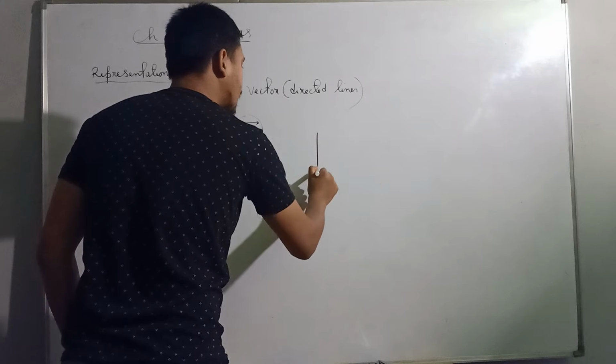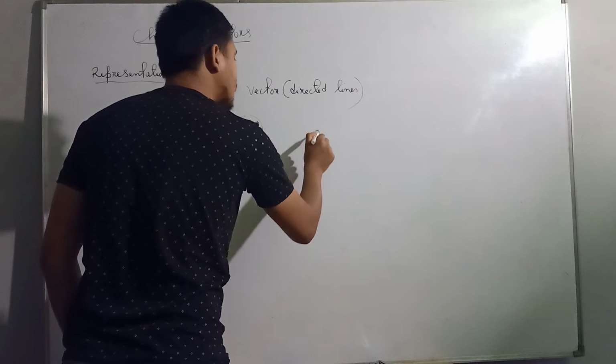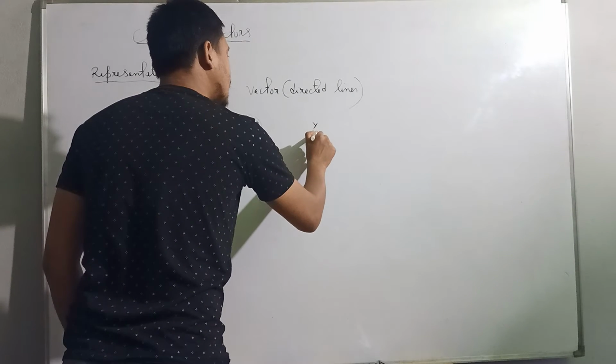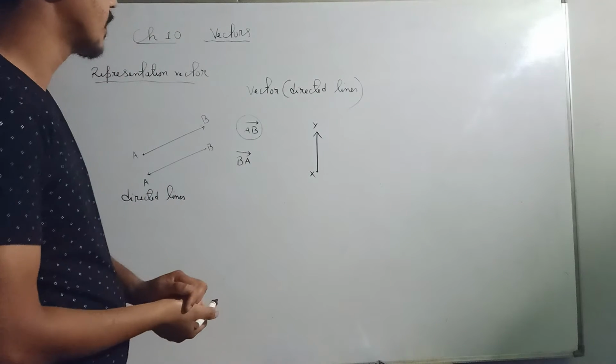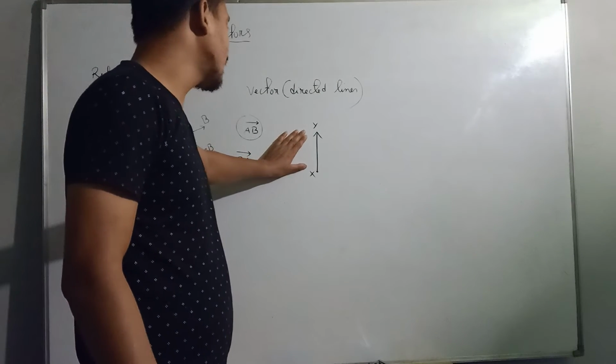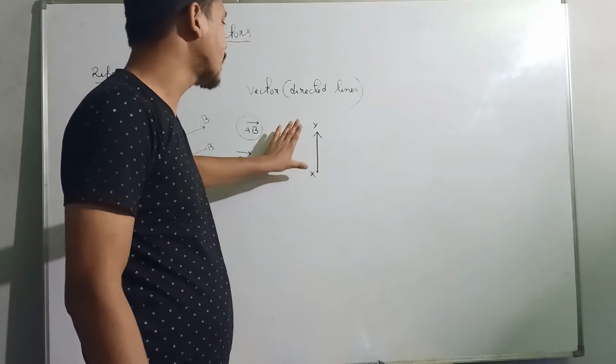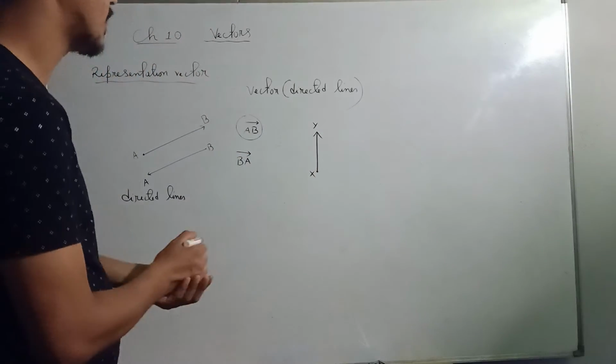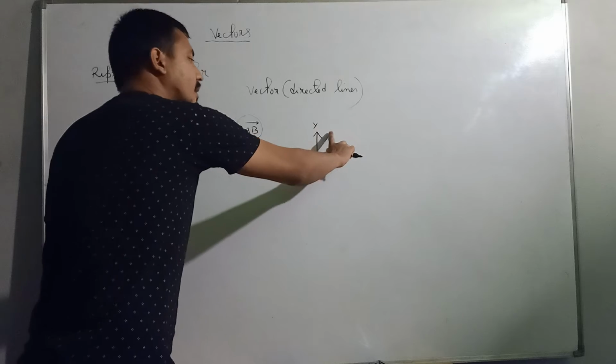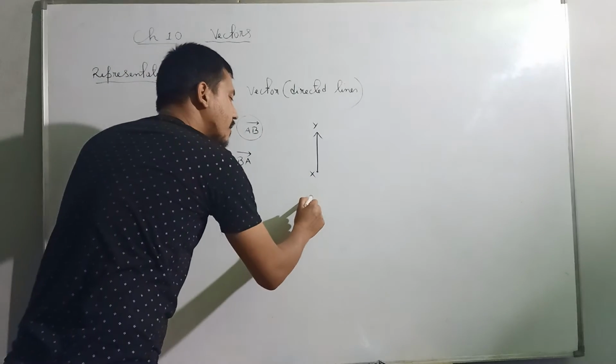Suppose you have another line, XY. Suppose this is a directed line, so this line is directed towards Y. So this directed line will be represented by the vector.